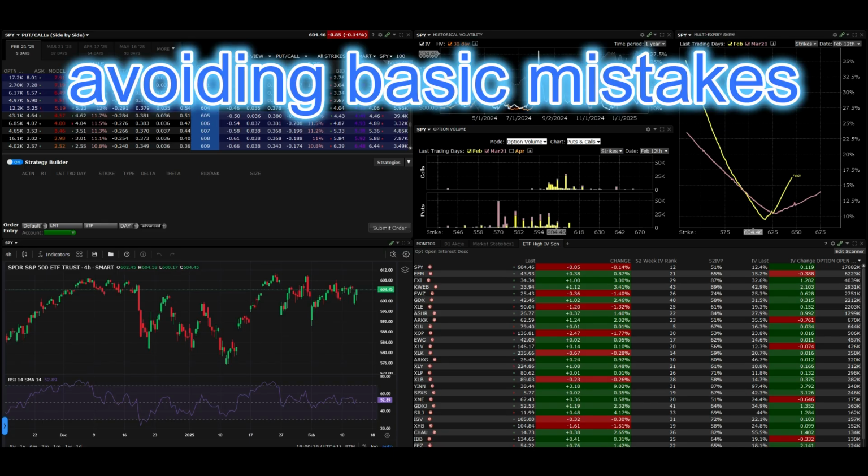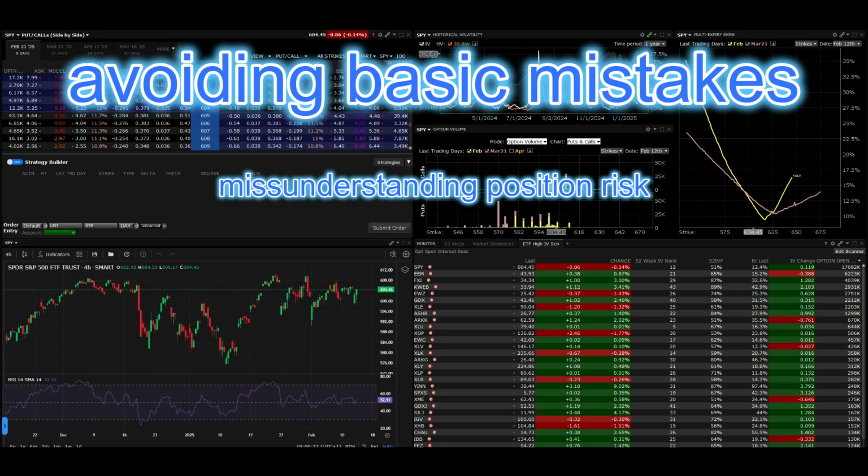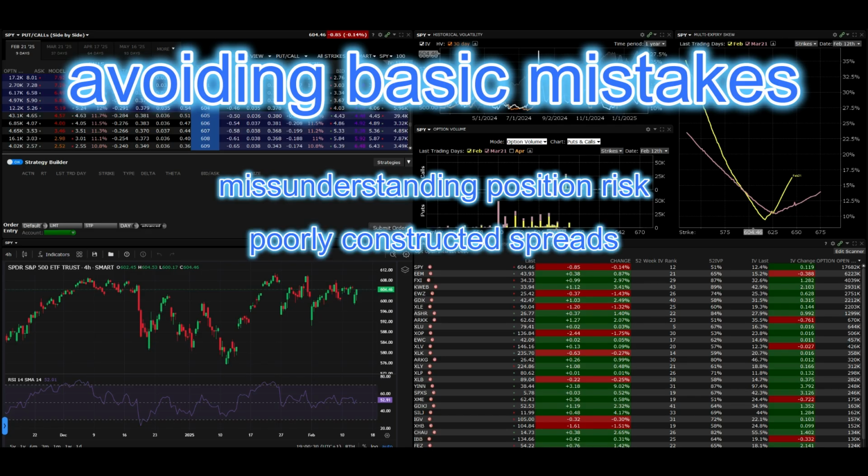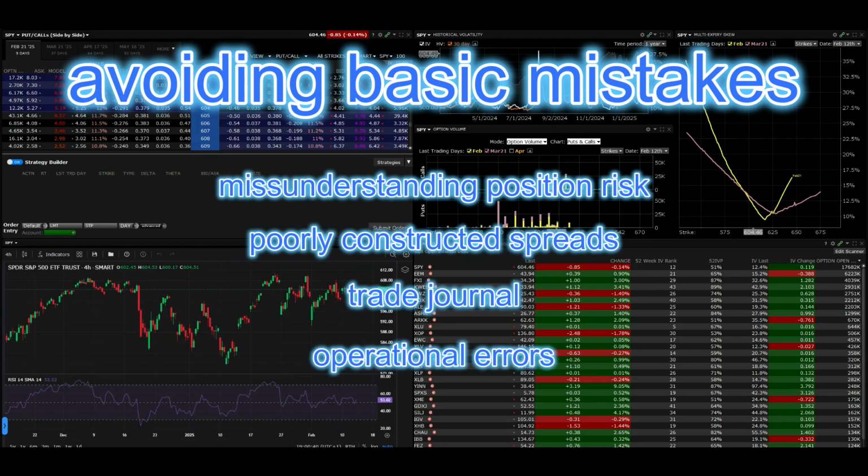It comes from avoiding basic mistakes like misunderstanding position risk, opening oversized trades or ignoring potential losses, poorly constructed spreads, choosing the wrong strikes or misallocating capital in multi-leg strategies, not keeping a trade journal, simple operation errors, buying instead of selling, setting the wrong limit order or forgetting to manage a position after opening it. The beauty of the demo account is that you can make these mistakes, analyze them and learn from them before they cost you real money.